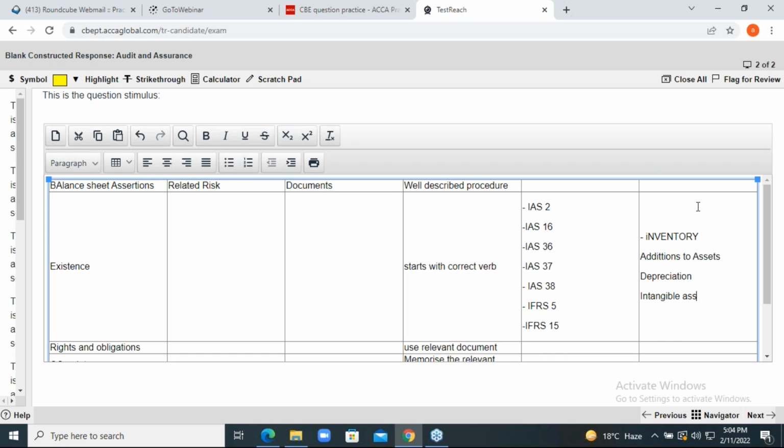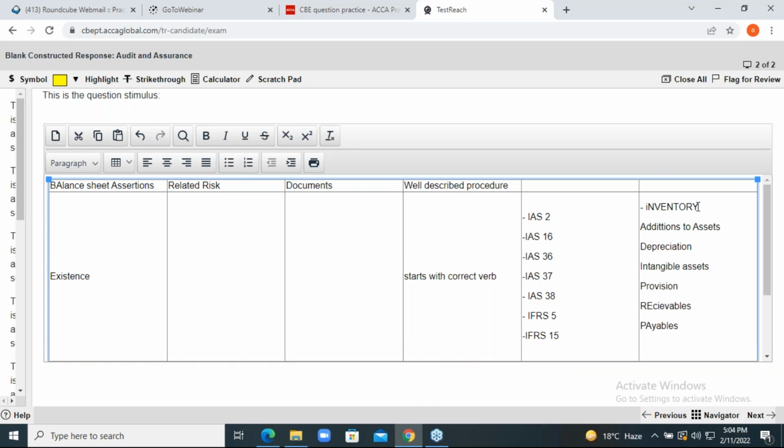Intangible assets, very important. Provisions, receivables, payables. So these are the most important heads in my opinion.